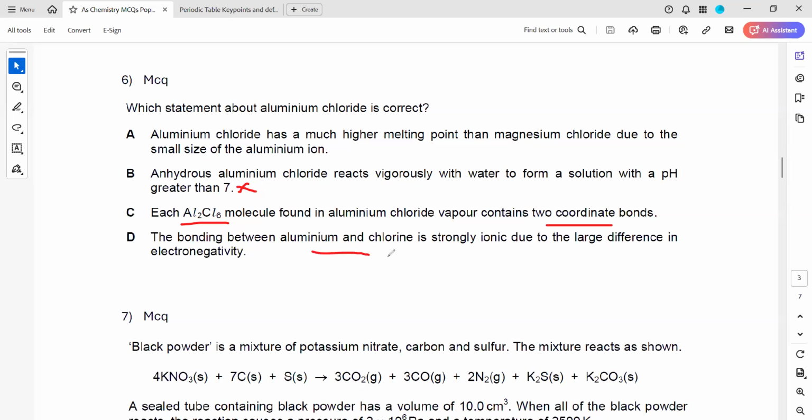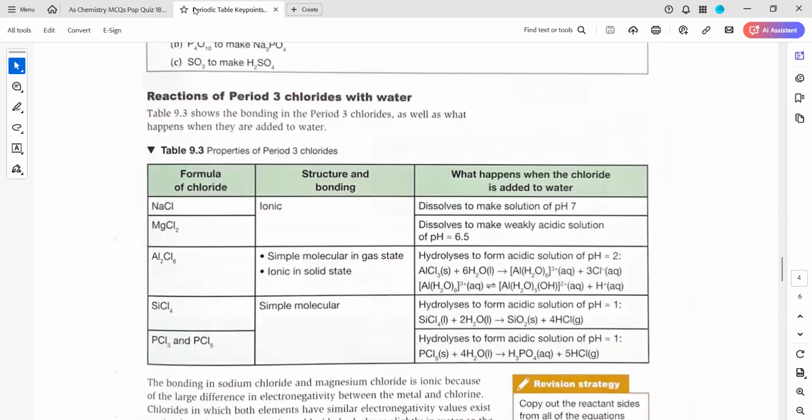Bonding between aluminium and chlorine is strongly ionic due to a large difference in electronegativity. It's not strongly ionic, it's actually covalent. But like aluminium chloride, what will happen? If you see the structure, the periodic structures, when it is in a solid state, it is complete, like AlCl3.